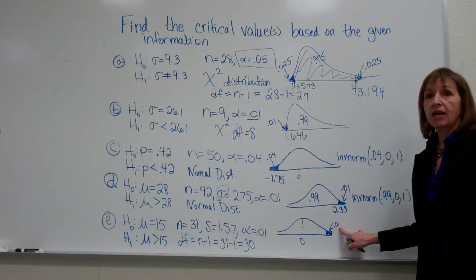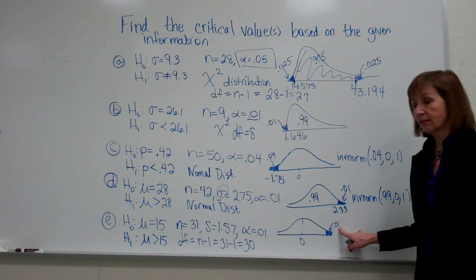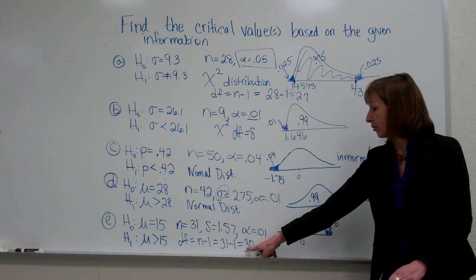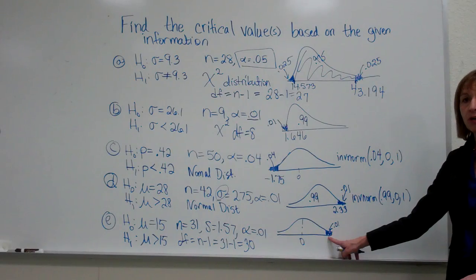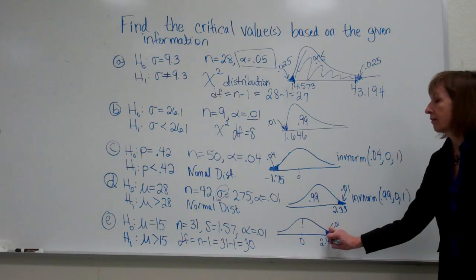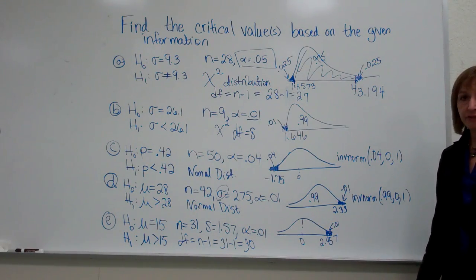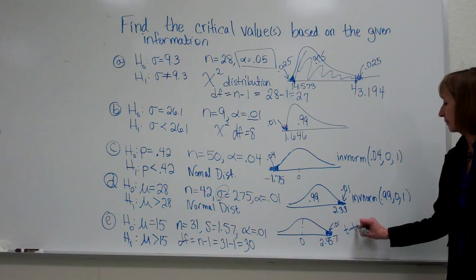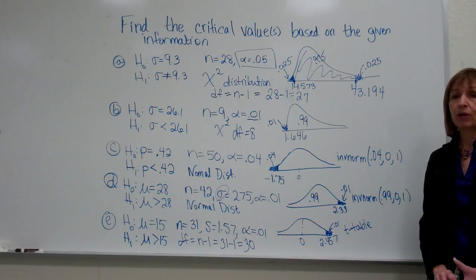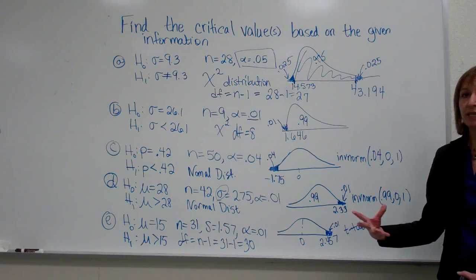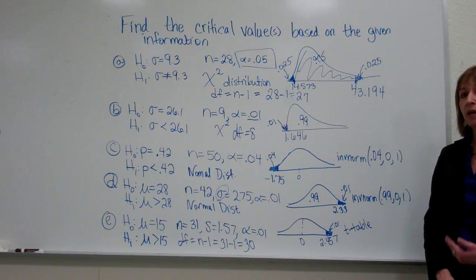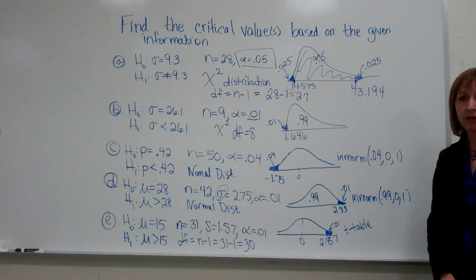And so when I look underneath the heading of area in one tail of 0.01, down until I'm across from my degrees of freedom being 30, and realizing that the tail that I'm drawing is to the right of 0, I have a positive 2.457 that you would get for the critical value here off of your t table. So these are several different examples where you are asked to find just the critical values to make sure that you're on the right track in terms of working with the correct distribution depending on which population parameter you're doing your hypothesis test on.